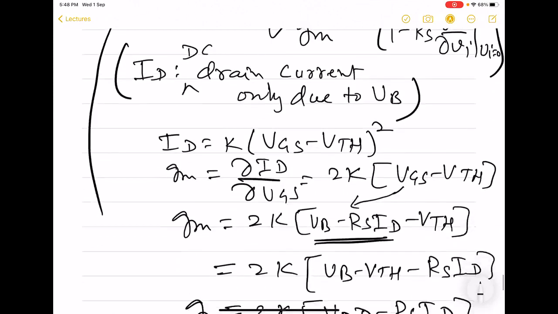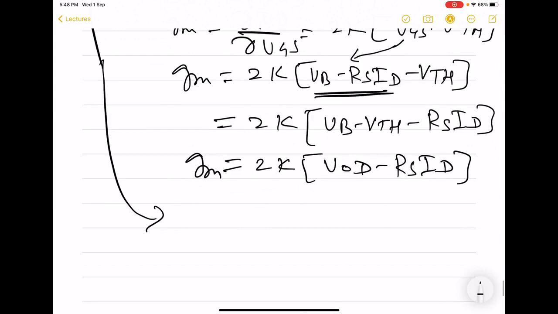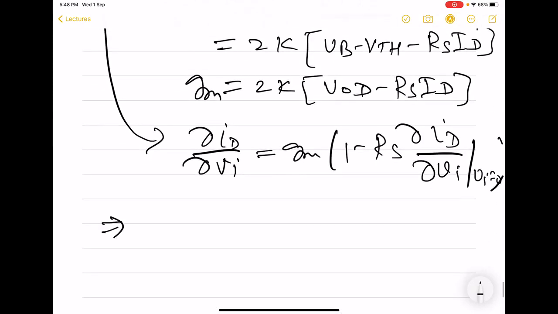So now we can solve this derivative equation for del ID by del Vi, and this will become GM times (1 minus Rs del ID by del Vi) at Vi equal to 0.